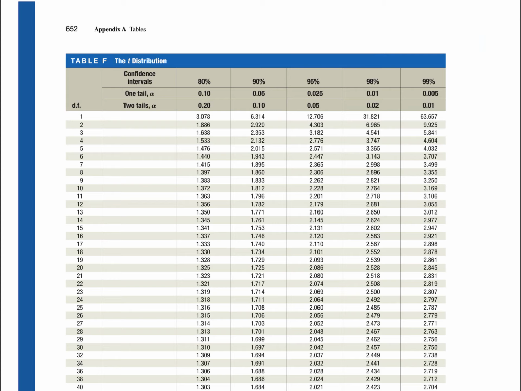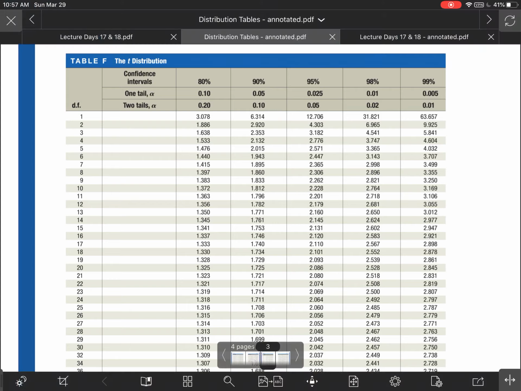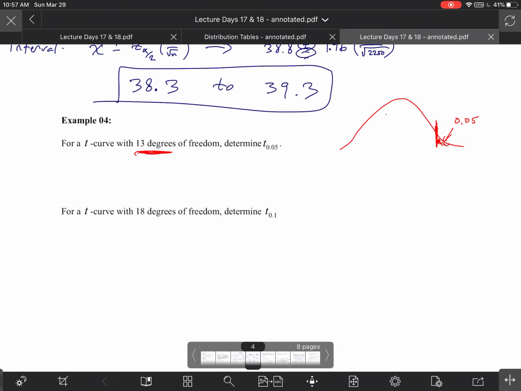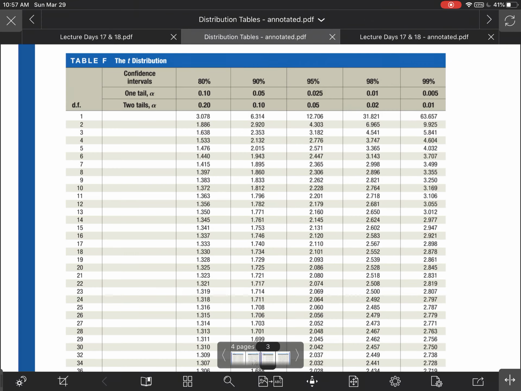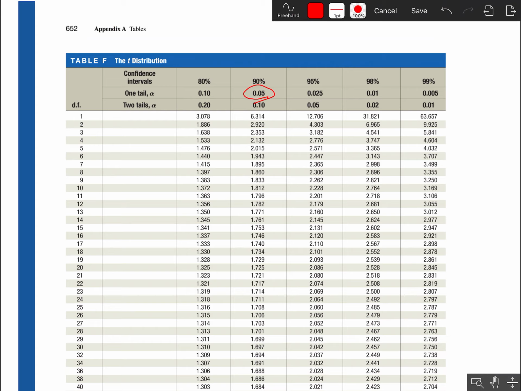And notice that for any of those measurements, so in this particular problem, let's see, we wanted t of 0.05. So that means that in a single tail, we want an area of 0.05. So I'll come back over here and we'll look at the area for one tail with 0.05. So this is the t-value that we're going to want.